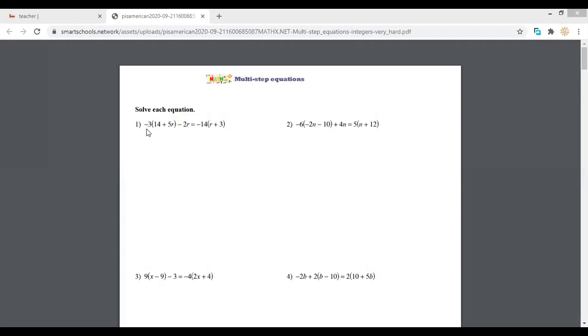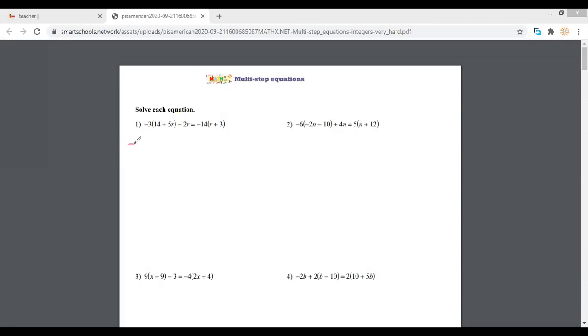First, we will distribute. Let's say negative 3 times 14. It will be negative 42.